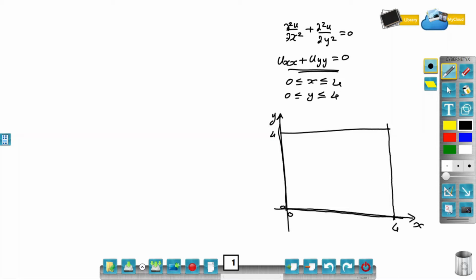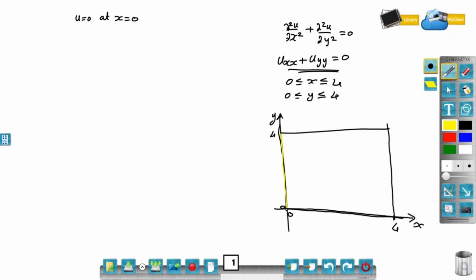Okay, so now the boundary conditions are also given. What is the boundary condition? u = 0 at x = 0. This is one boundary condition. Throughout this line, x is equal to 0.